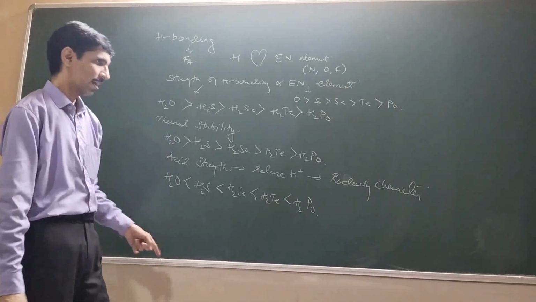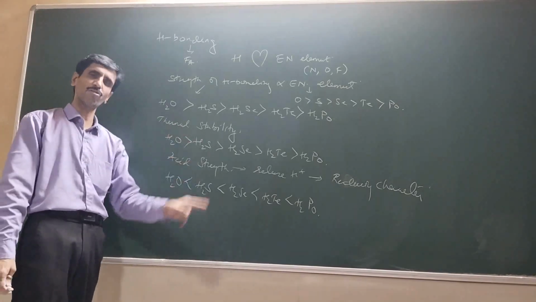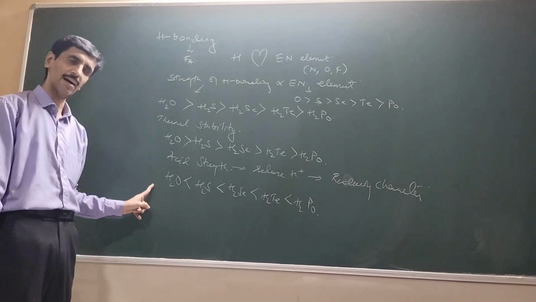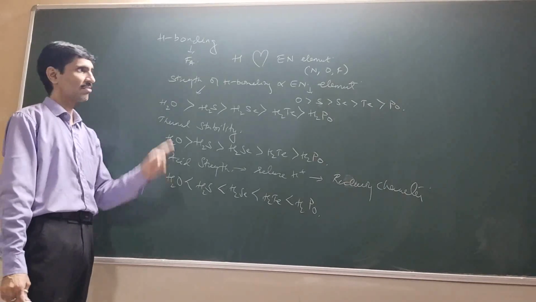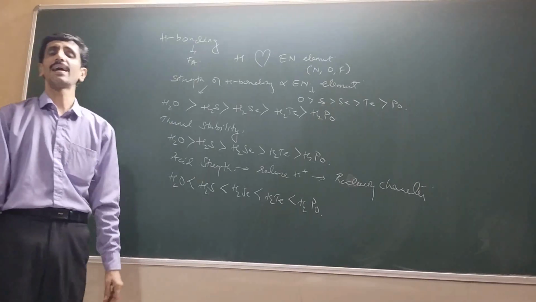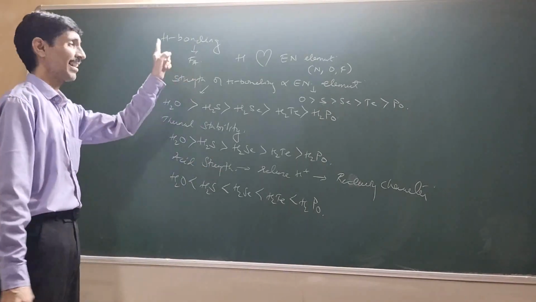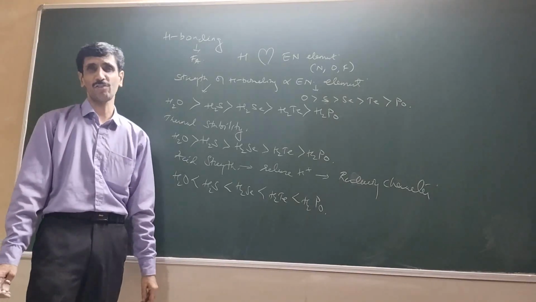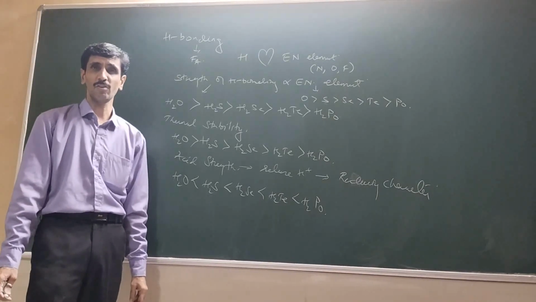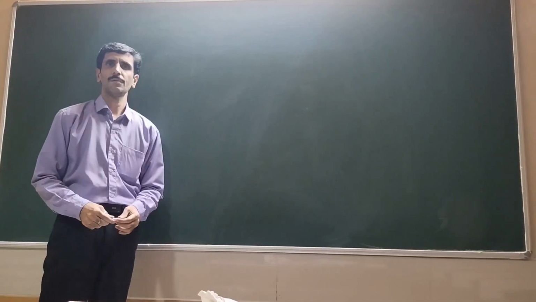Okay, so therefore the order of the strength of the reducing agent will also be similar to that of the strength of the acid. Alright, so this is my difference about the hydrides, or what we call hydrogen bonding with respect to elements of group 16. I hope you have understood this very well.